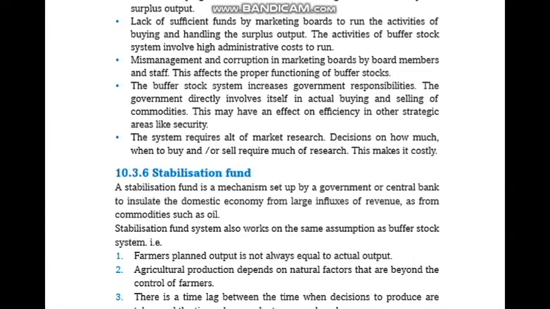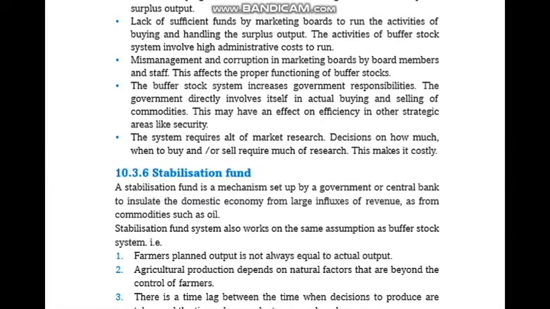The activities of the buffer stock system involve high administrative costs to run. Also, mismanagement and corruption in the marketing boards by board members and staff. These affect the proper functioning of buffer stock. The buffer stock system increases government responsibilities.